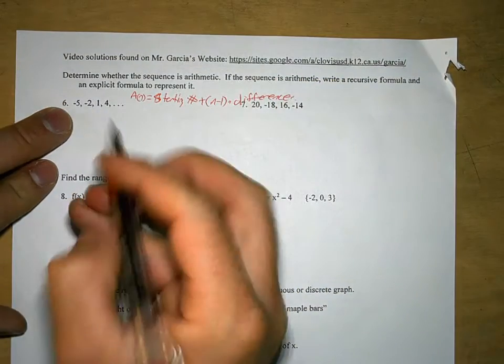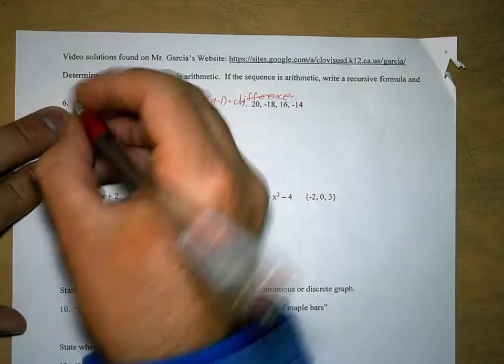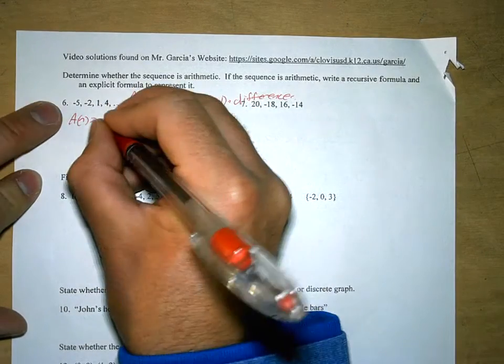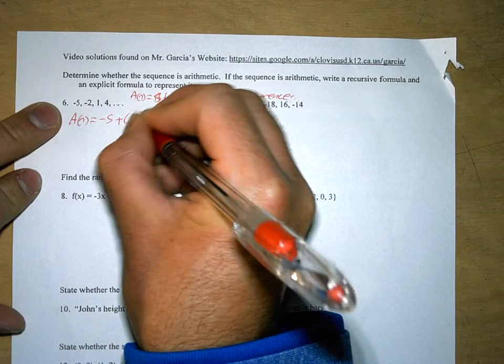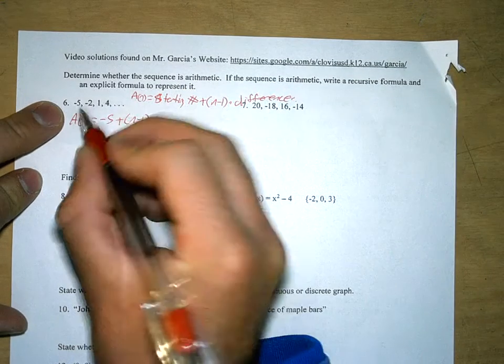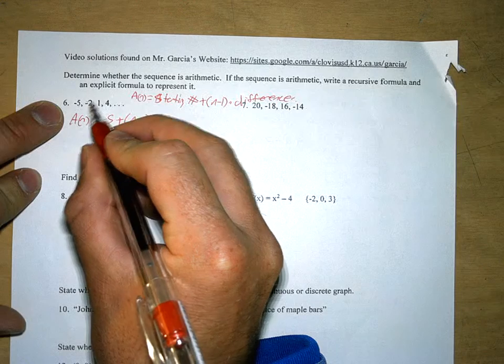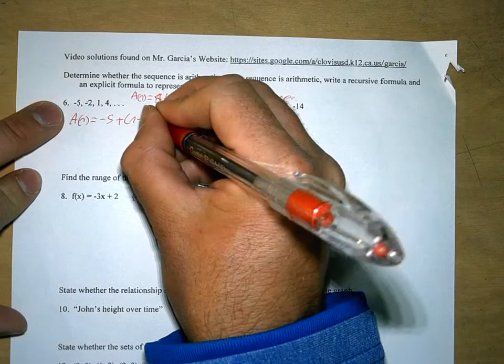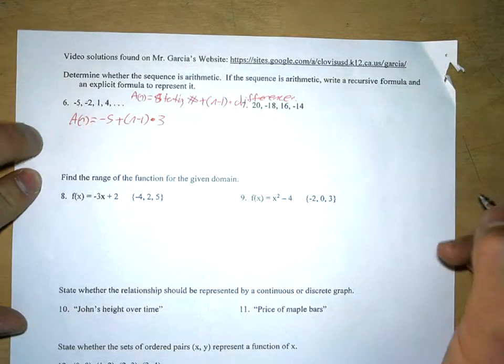Okay, so in this situation, I'm going to fill in my starting number. A of n equals, starting number is -5, plus n minus 1 times the difference. And here I can see that it is adding 3 from each term, so times 3.